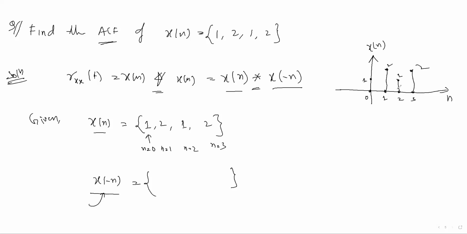Now can you say what is the value at n equal to 0 for x of minus n? If you fold the signal, what is the value at n equal to 0? I've shown it graphically also. Nobody is replying.